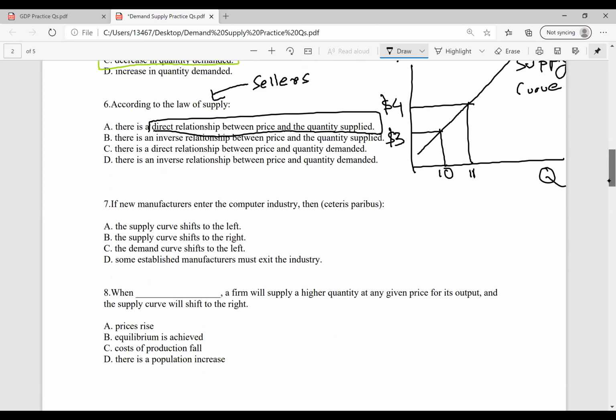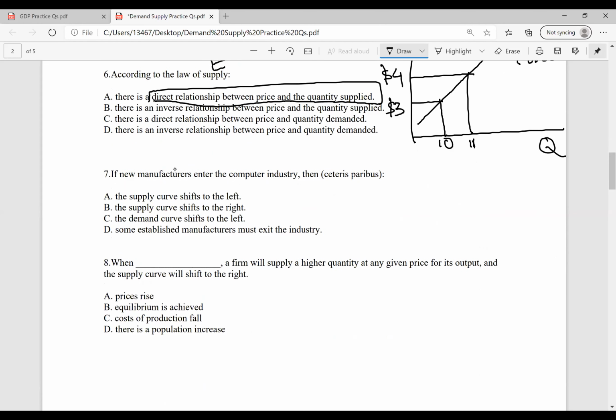Now take a look at question number 7 here. It says if new manufacturers enter the computer industry, what happens? All right, here we are looking at the sellers.